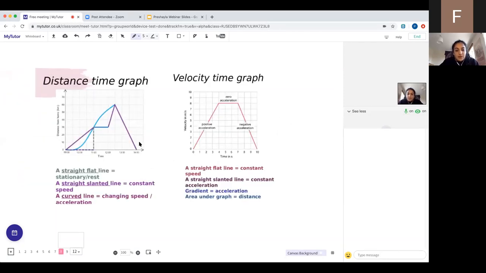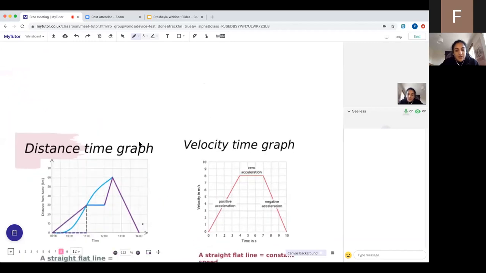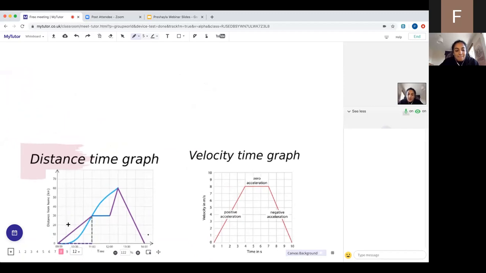Then we went on to talk about distance time graphs and velocity time graphs. Distance always plotted on the y, time always plotted on the x, velocity on the y, time on the x. So I just want you to tell me, what does a straight line mean on a distance time graph?